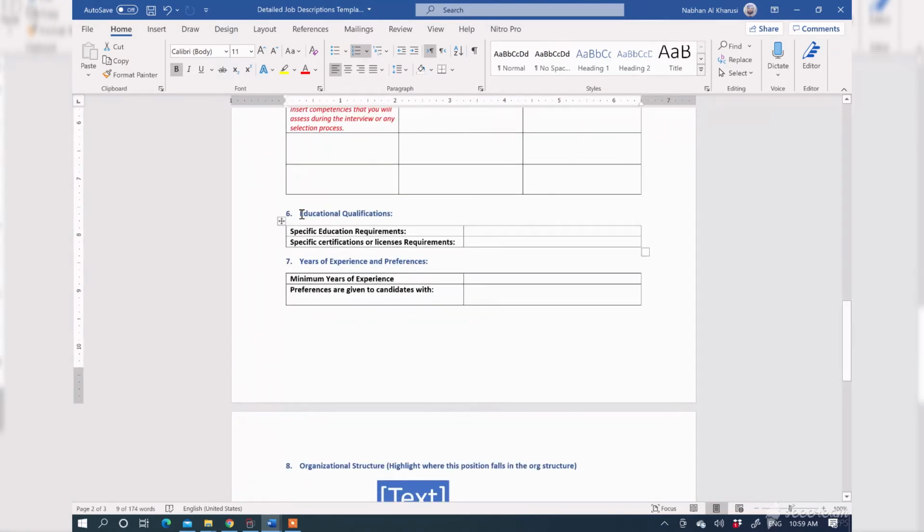The sixth element is the educational qualification. For this particular job, we require a certain educational background. It has to be written in here, and maybe particular professional certifications or licenses, so we need to put them in here. The seventh element is about the years of experience and whether you have any preferences you are going to give. It could be a preference that the candidate has worked in a particular industry or challenge or project or something like that.